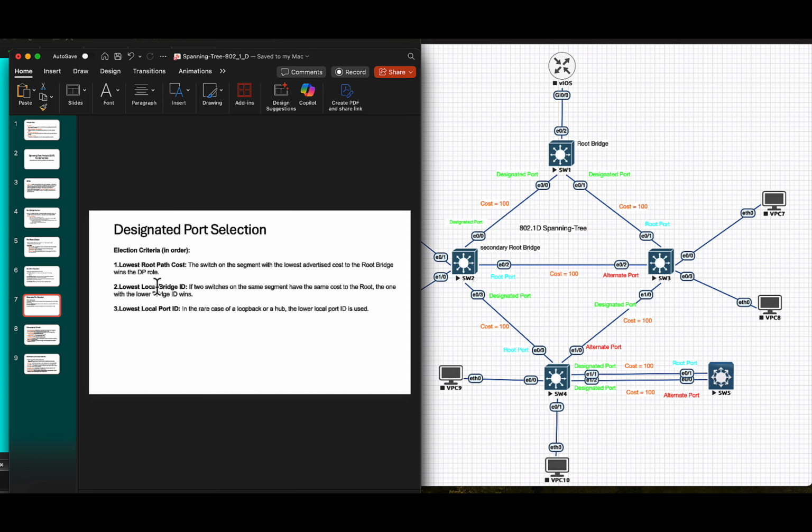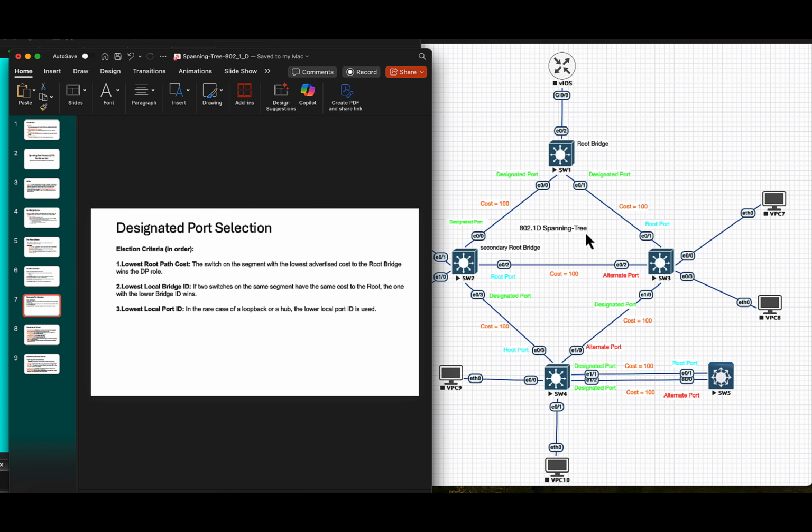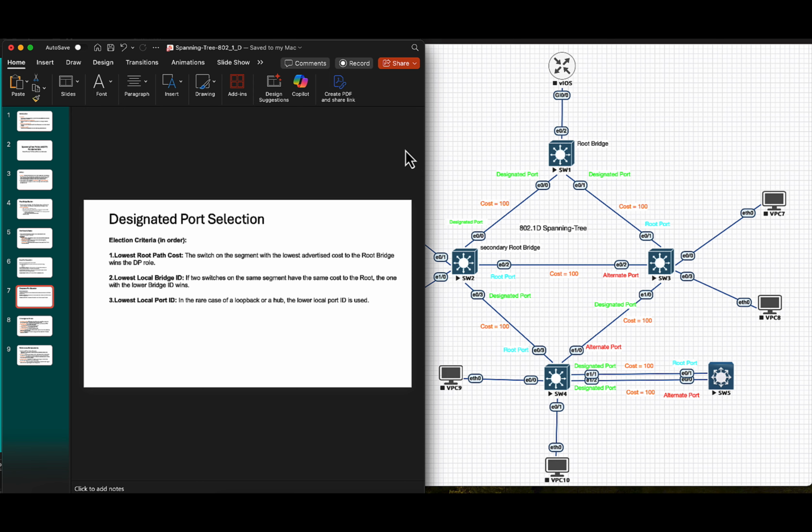The keyword here is local, versus the root port selection, which usually looks at the neighbor's bridge ID. And then the designated port will look at the local port ID.